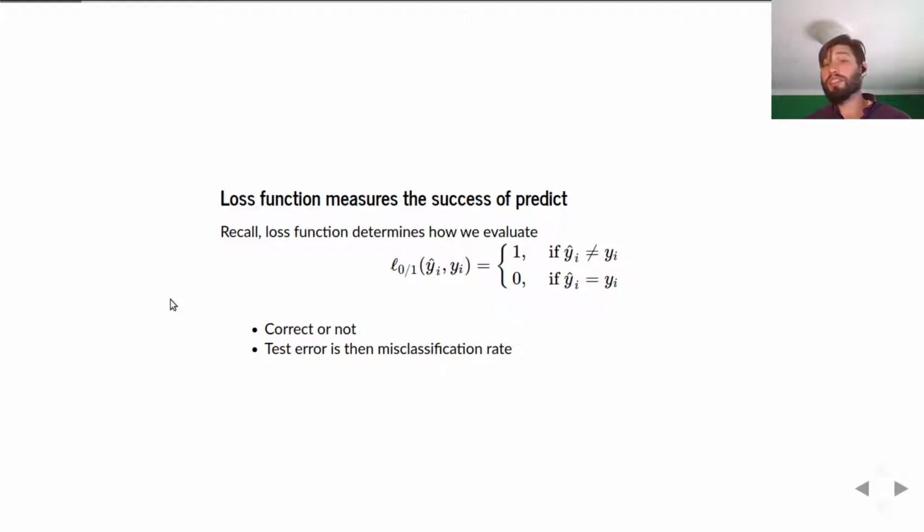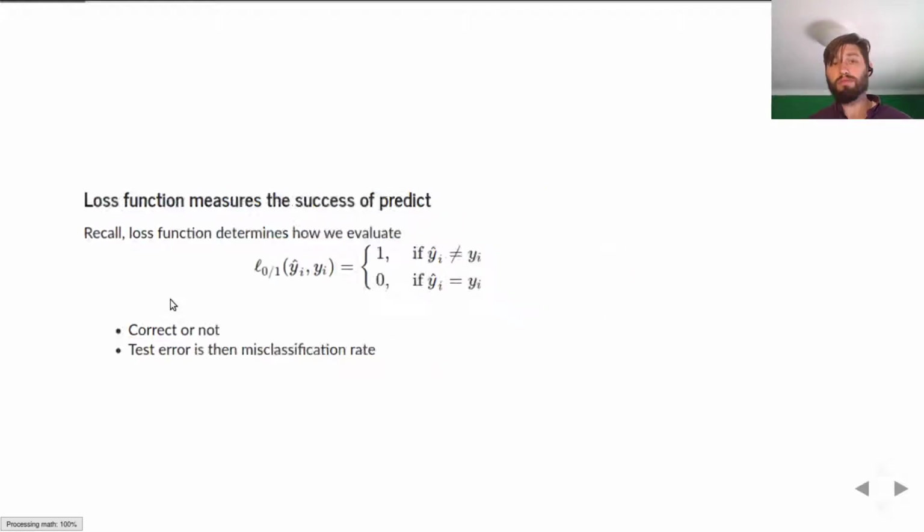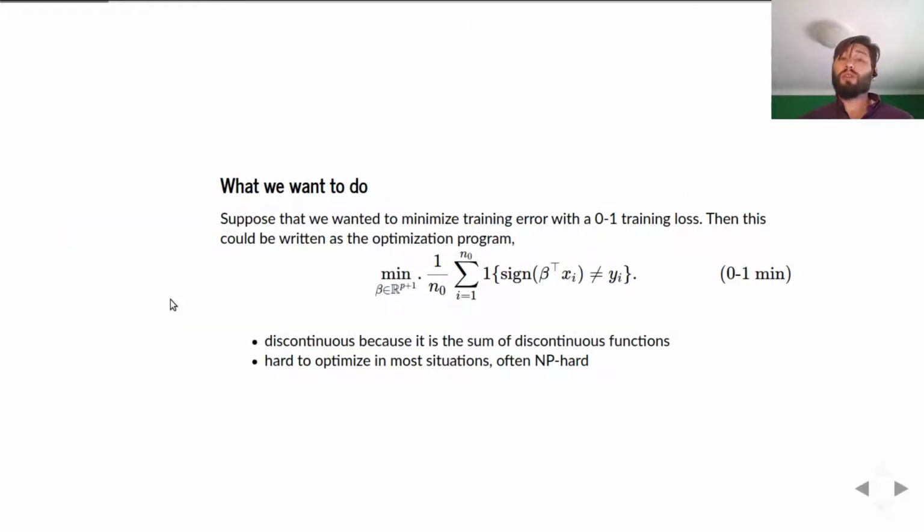Our test error is just going to be the misclassification rate. If we use this loss and look at our test error, that's the number of times we were wrong in our classifier. If we do care about this loss, and we use the empirical risk minimization framework like we did before, then you will want to minimize our training error with the 0-1 training loss.